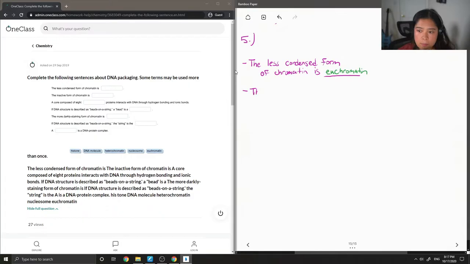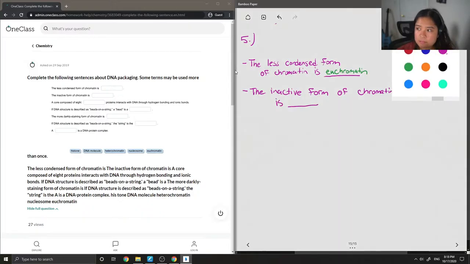Next, the inactive form of chromatin is blank. So the answer for this one is heterochromatin.